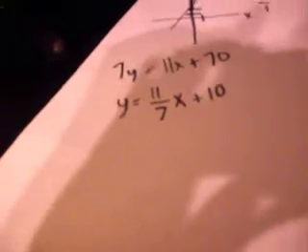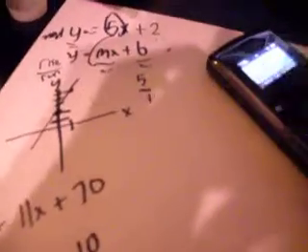Now, every now and then, they'll give you 2 points. So say they give you (7, 2) and (1, 5). And they might say, find the slope between these 2 points.